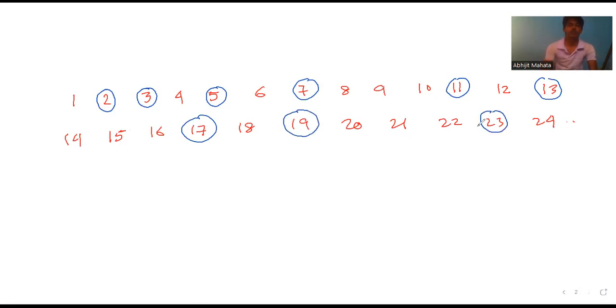See, observe one thing here. If you try to make a sequence, or if you want to write the prime numbers consecutively, then you have to understand what is the next prime number. If you know a prime number in the kth place, then you have to understand what is the prime number in the k plus 1 place.